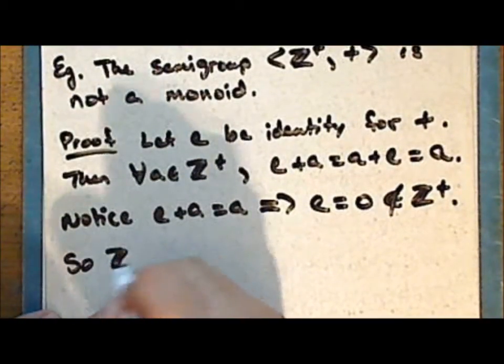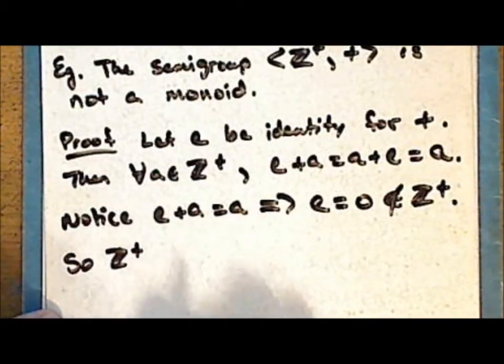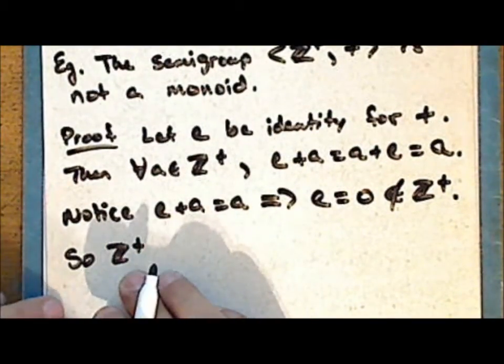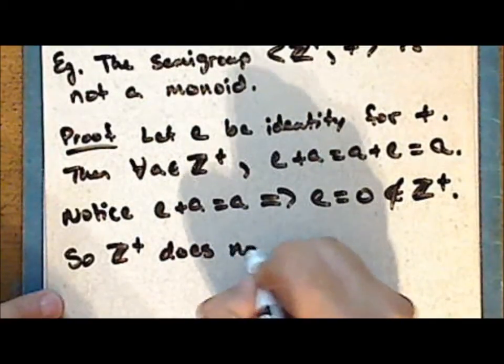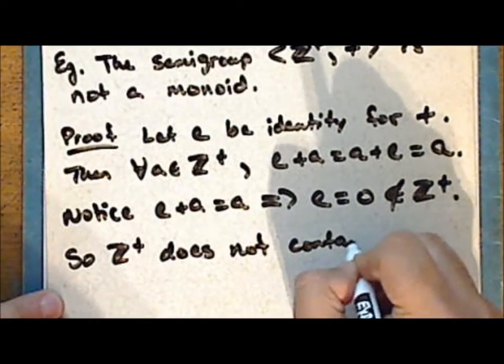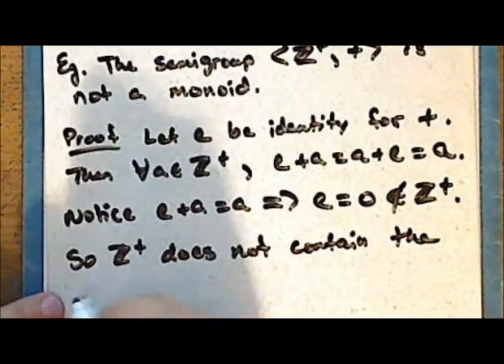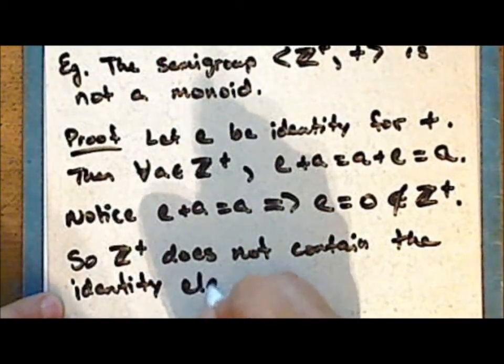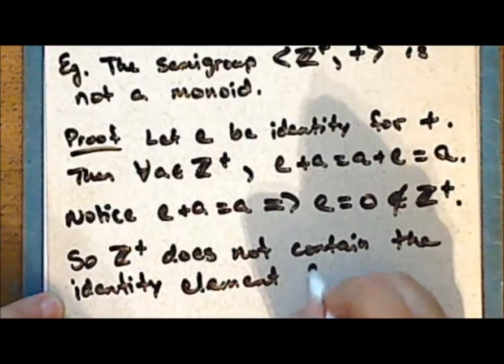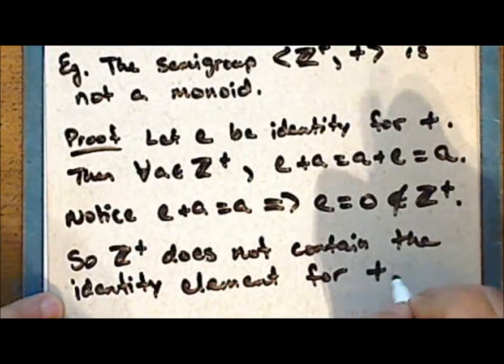So the set Z superscript plus, that is the set of positive integers, which means more than simply non-negative, does not contain the identity element for the operation of addition.